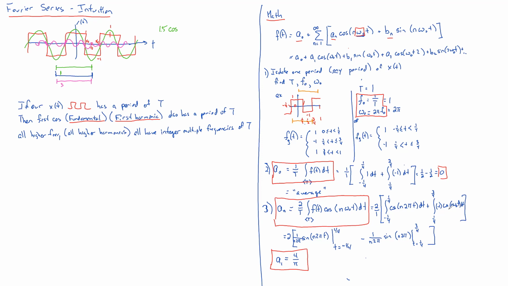Yeah, let me rewrite that a little bit more neatly. I'm running out of space on my screen. That should be the same thing as what's to the left. That should be cosine of n 2 pi t dt.